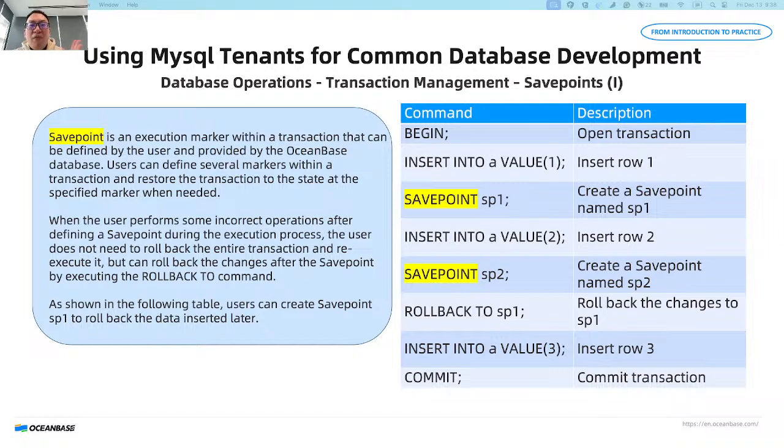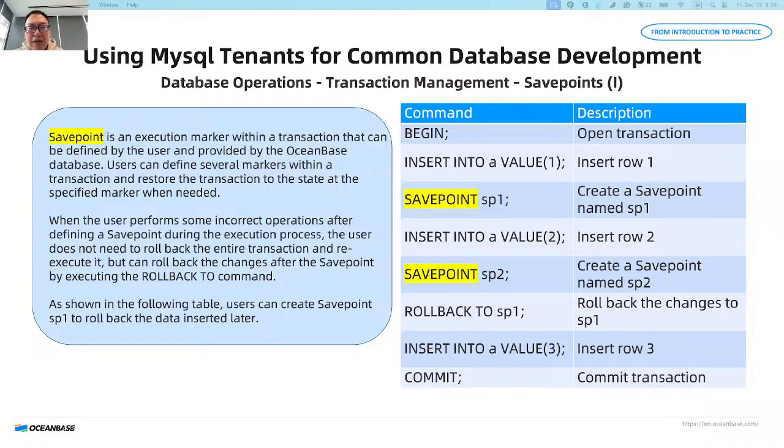When the user performs some incorrect operations after defining a savepoint, the user doesn't need to roll back the entire transaction and execute it again, but can roll back the changes after the savepoint by executing the rollback to command.